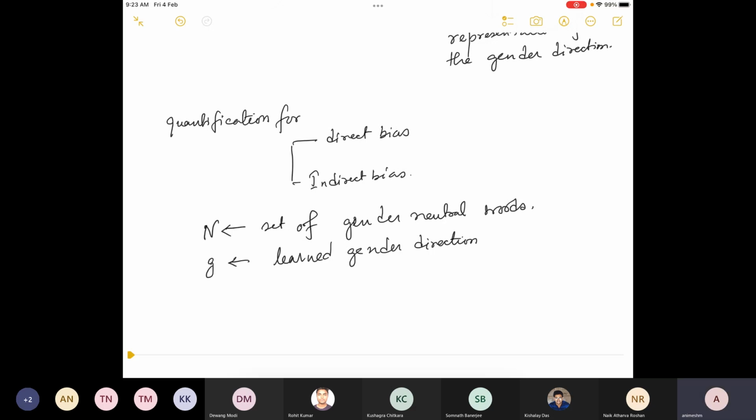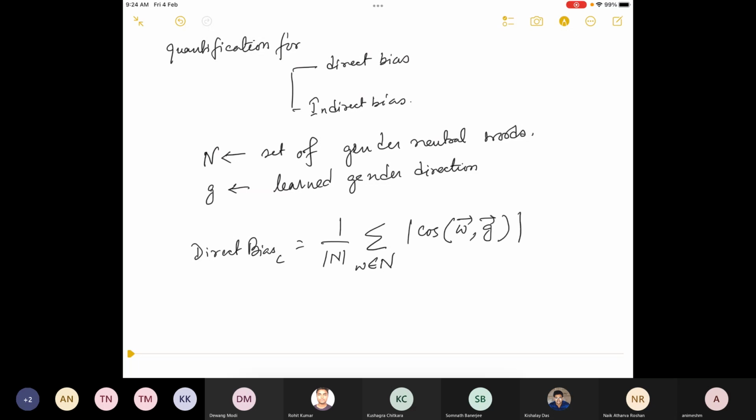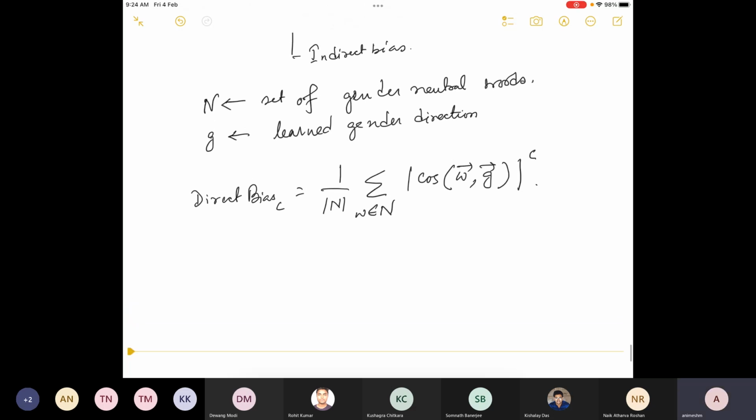Now, using these two, we can try to express the direct bias parameterized with c as 1 by N. What does this tell?